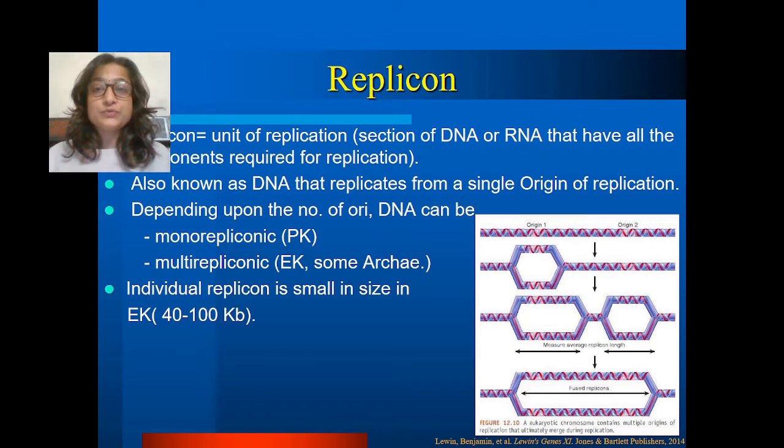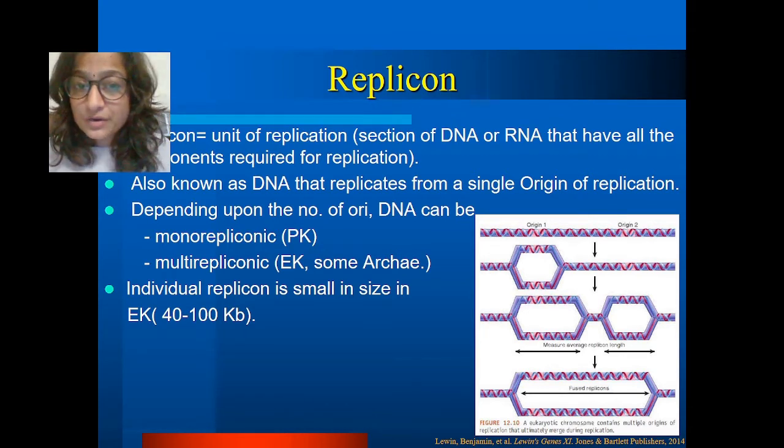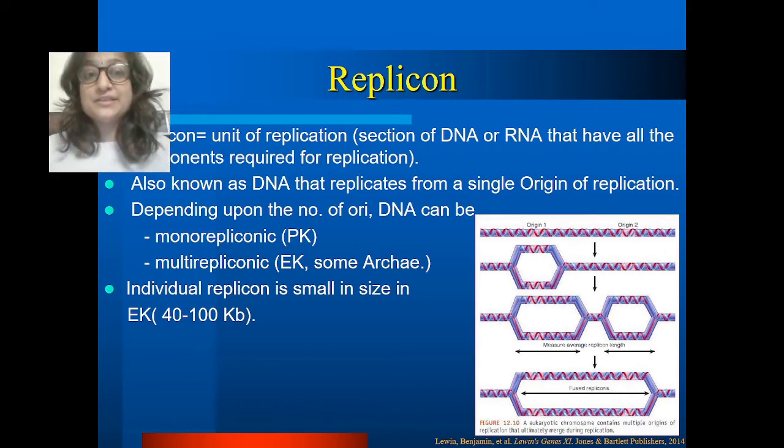In other words, each replicon has its own origin of replication, and in prokaryotes, since there is only one origin of replication, you have the monorepliconic condition. Whereas in eukaryotes and in some archaebacteria, the situation is multirepliconic. Multirepliconic means many replicons.